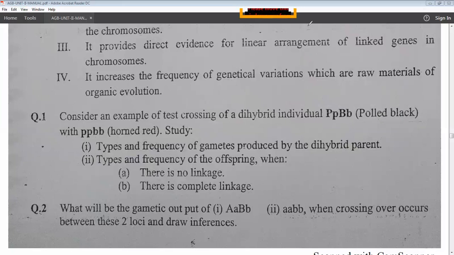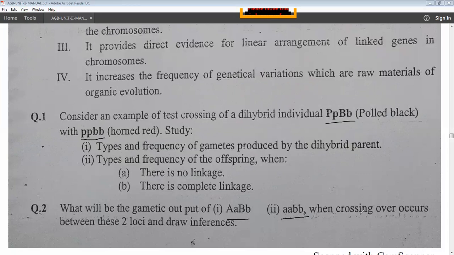What will be the gametic output of capital A small a, capital B small b, and capital A small a, small a small b, when crossing over occurs between the two loci, and draw different inferences. Similarly, this individual will form gametes like this.